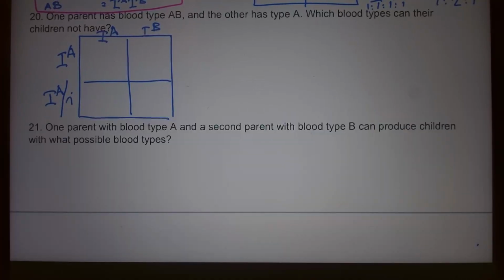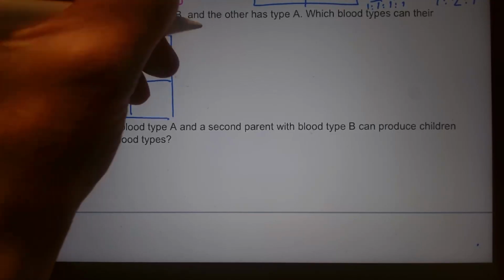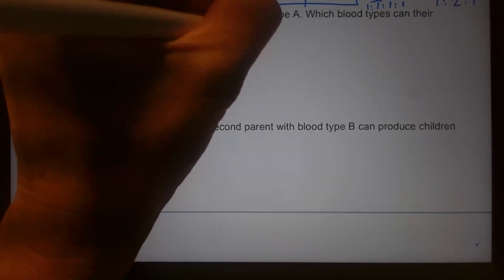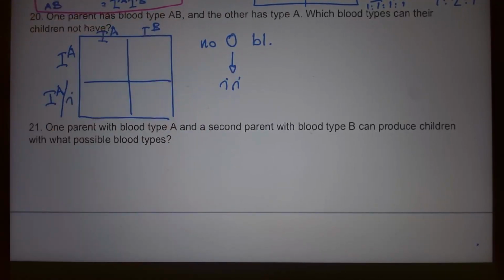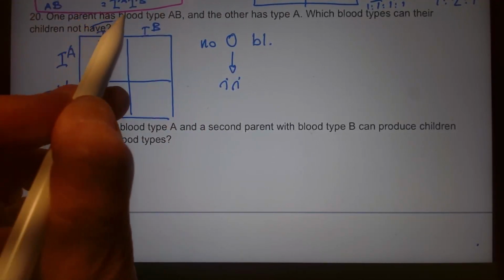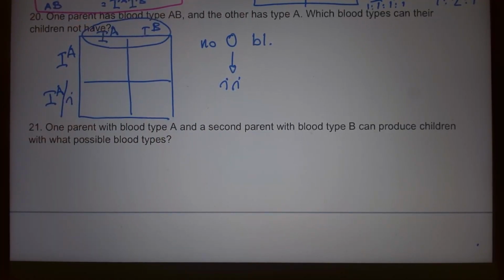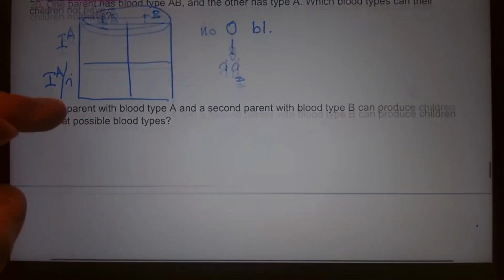In this case, the cross could yield any blood type except for O. No O blood, because for O blood we need to have homozygous recessive, and a parent with type A and B blood cannot contribute a lowercase i to the offspring.